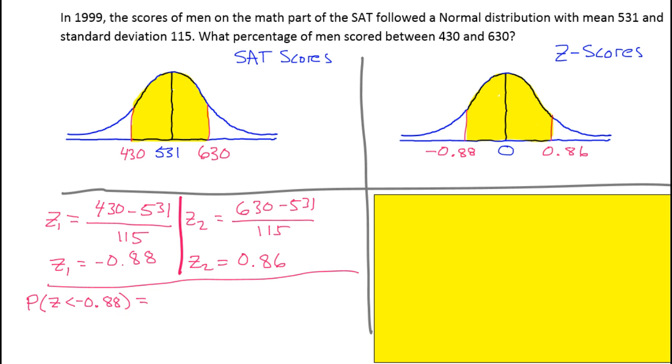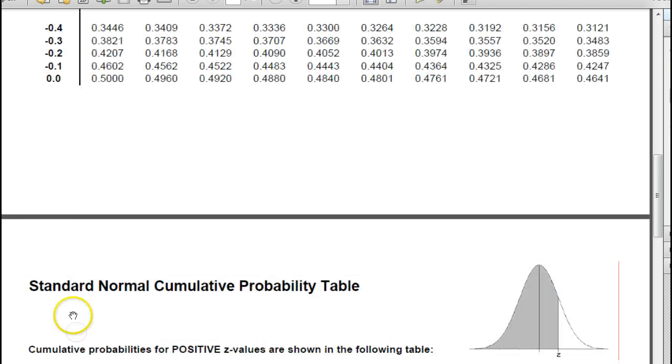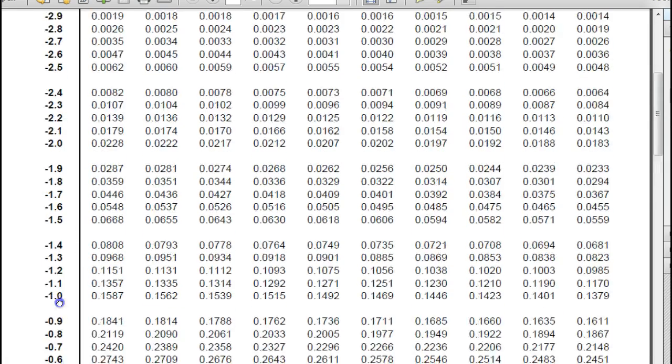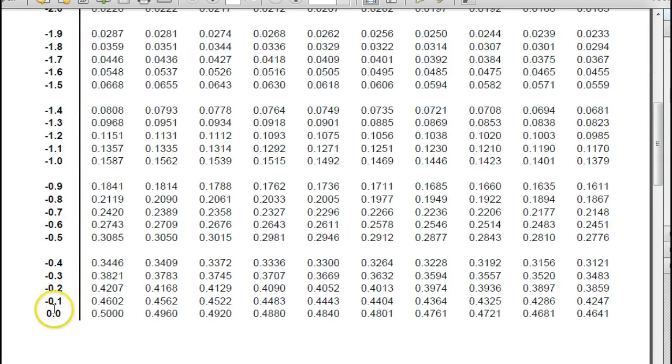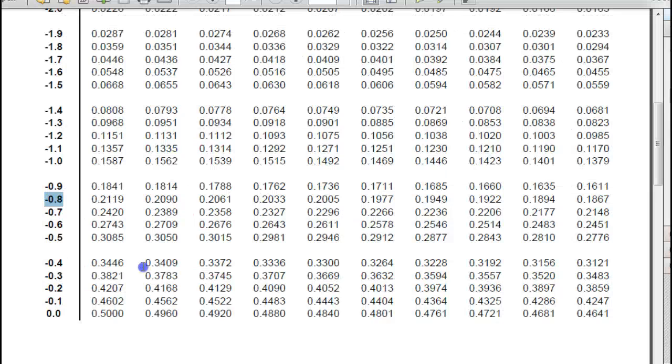I can read that right off of my z-score table. Okay, I need negative 0. So this is 0, and this is negative 0. So here I have negative 0.1, 2, 3, 4. I need negative 0.8, which is here. But not only that, I need negative 0.88.